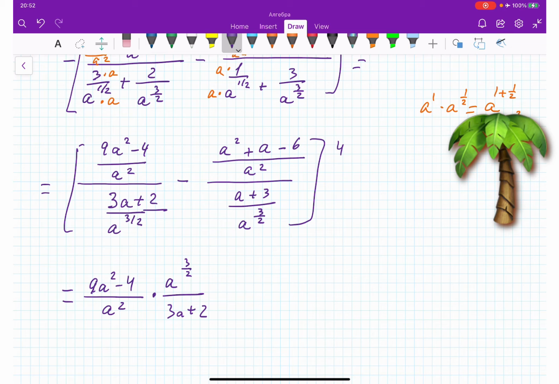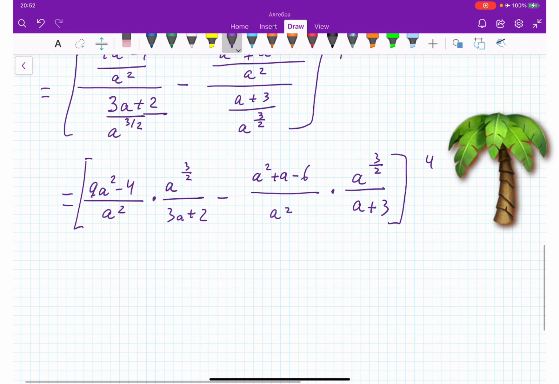Minus, the same operation here: a squared plus a minus 6 over a squared, multiply, flipping the fraction because we do division, a to power 3 over 2 divided by a plus 3, and all this to power 4.